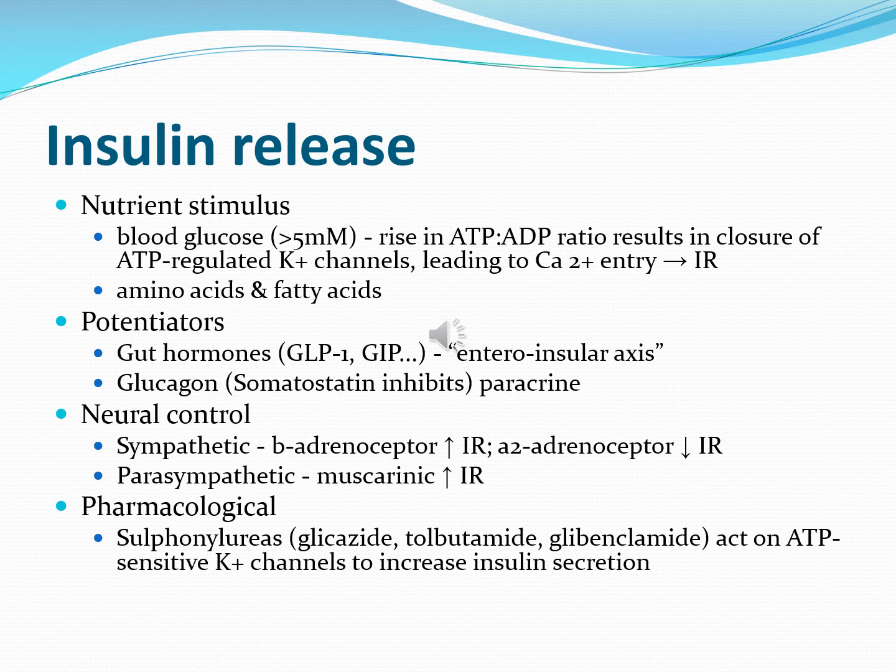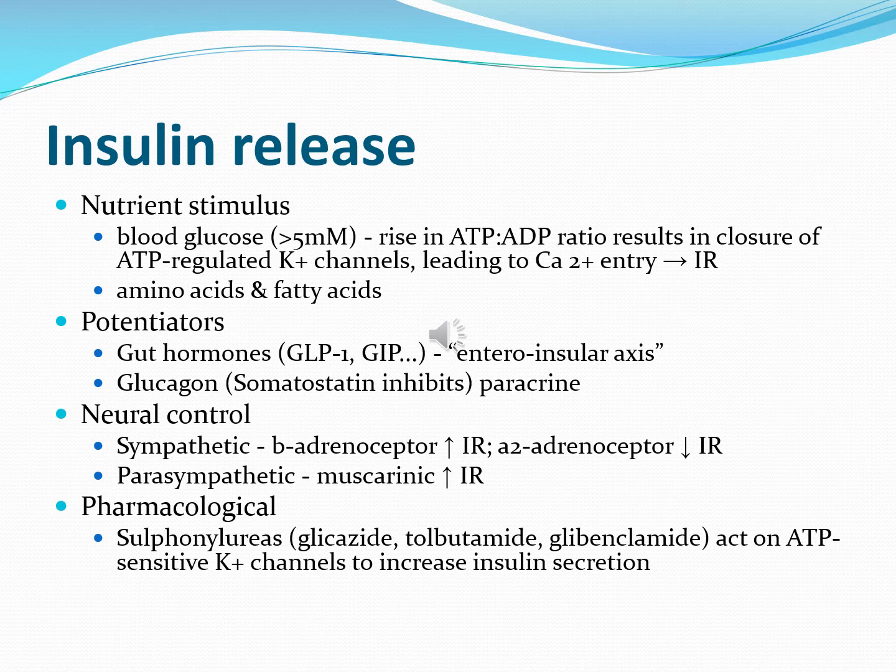There's also potentiators, things like gut hormones, and glucagon can actually inhibit insulin release. Neuronal control through both sympathetic and parasympathetic, and then pharmacological regulation. And we exploit the pharmacological drug sulfonylureas.